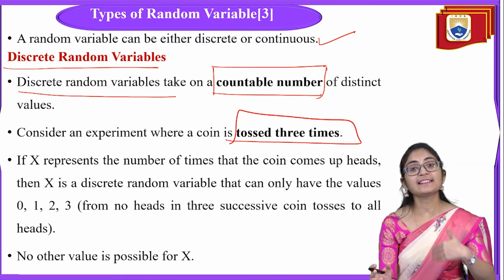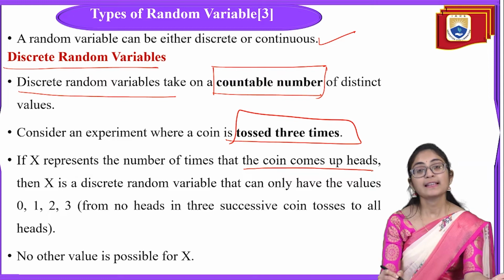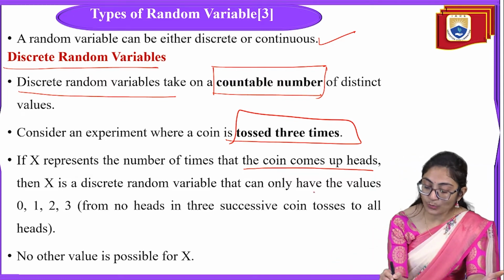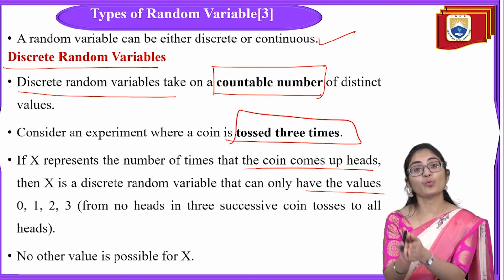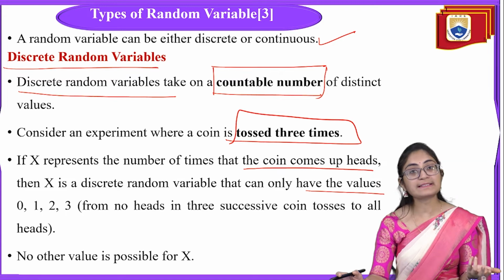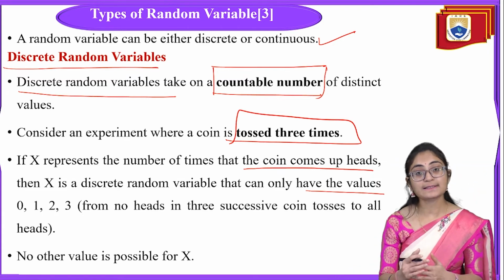If x represents the number of times that the coin comes up heads, then x is a random variable that can only have the values 0, 1, 2, 3. That means from no heads in 3 successive coin tosses to all heads.